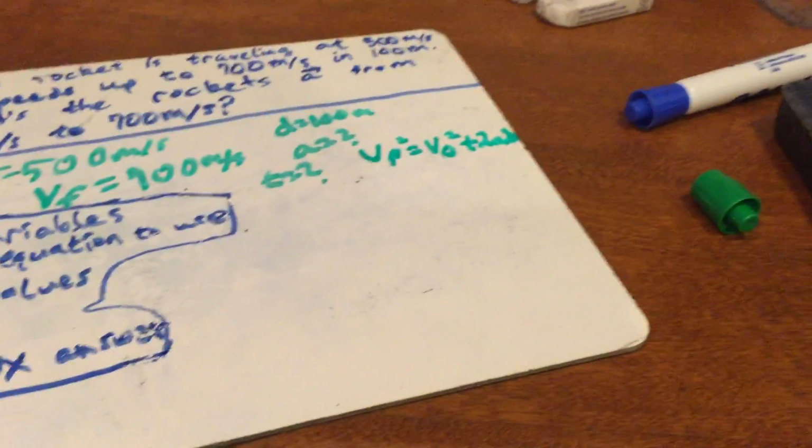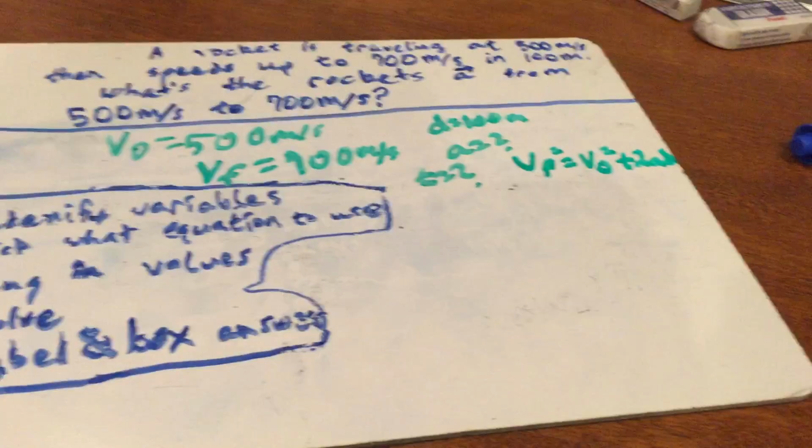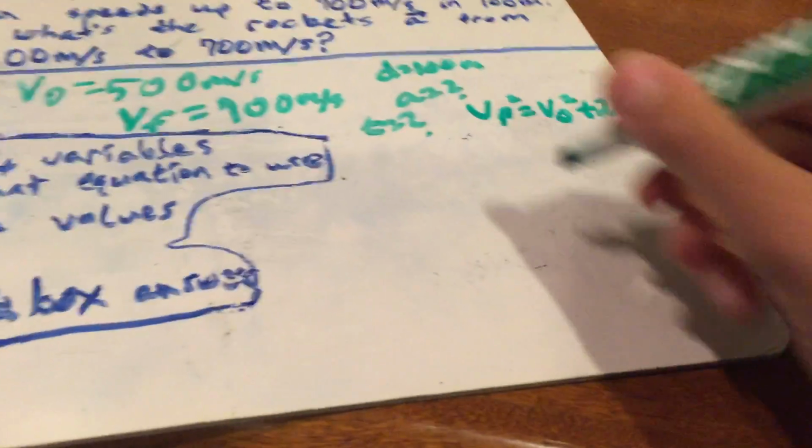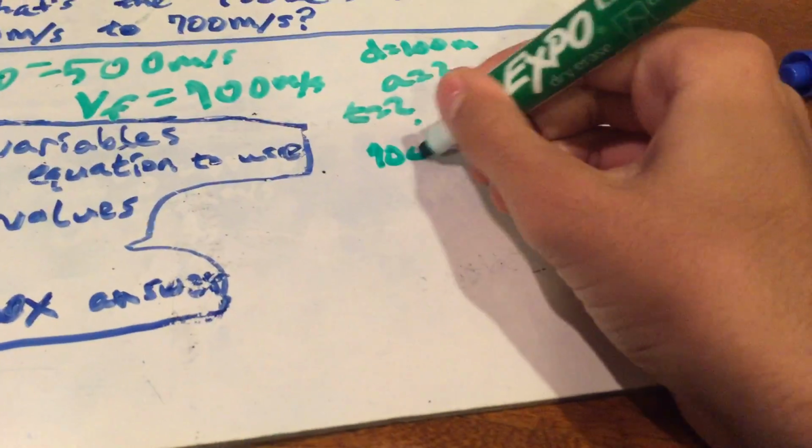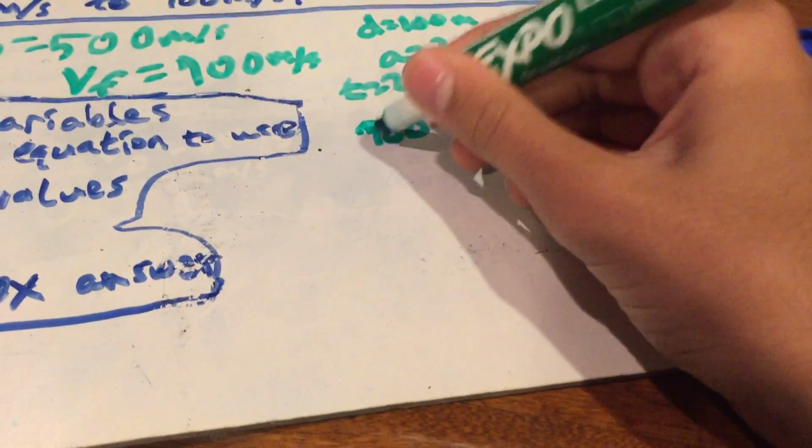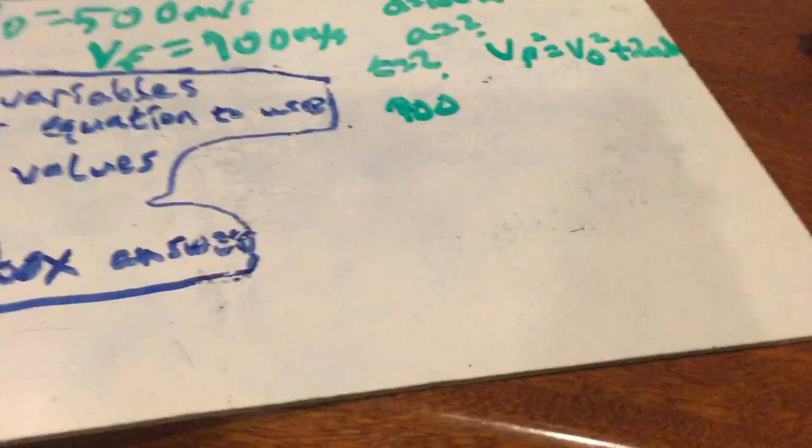Okay, now what we always do is plug in our variables and solve. Simple, right? So 700, that's a 7, just to say. Let me make that better.